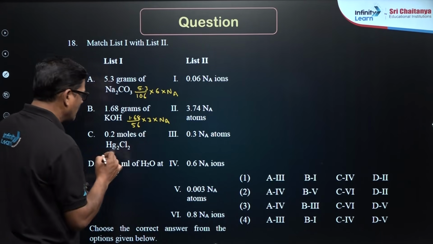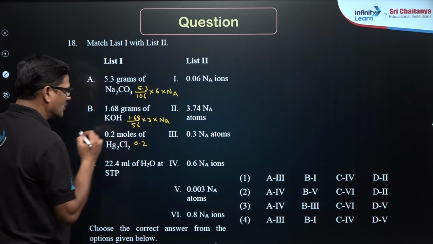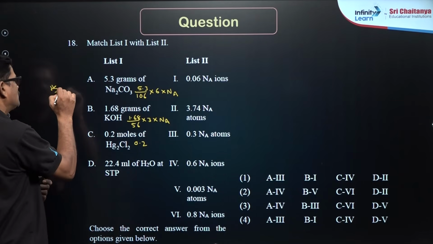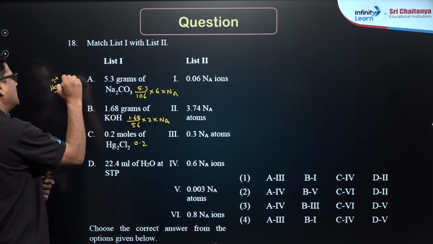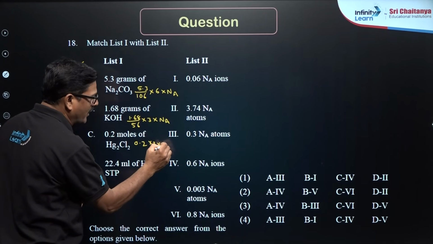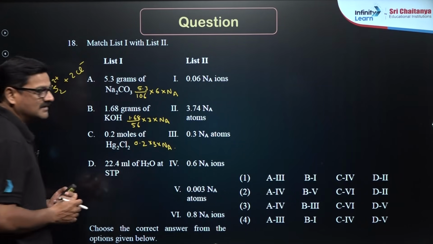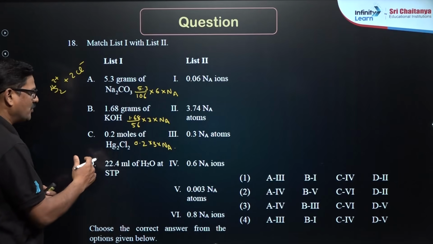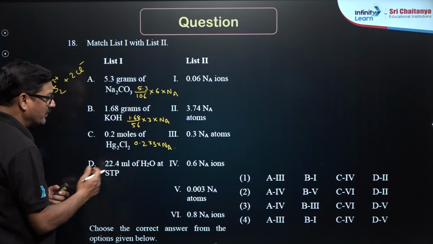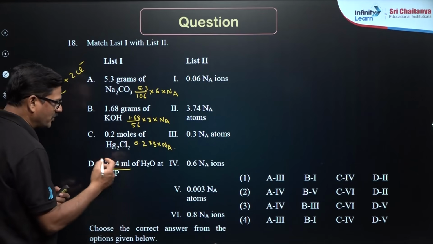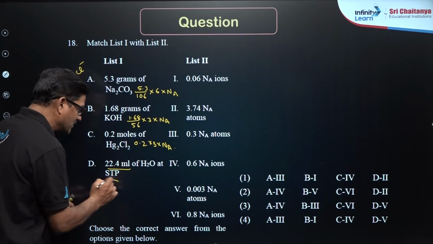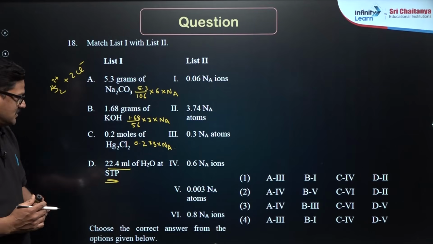And 0.2 moles Hg2Cl2 gives rise to Hg2 2 plus and 2 Cl minus. So that is 3 into Avogadro number of ions. And 22.4 milliliters of H2O at STP, it is a liquid at STP.